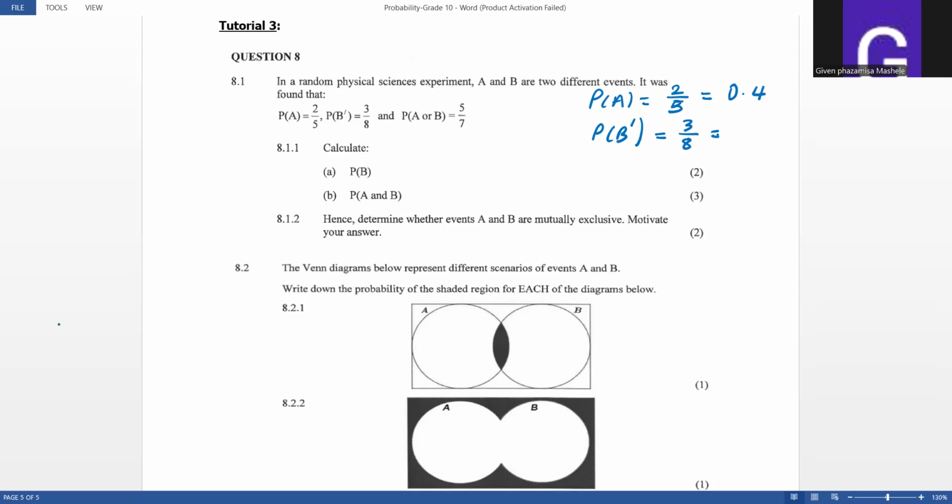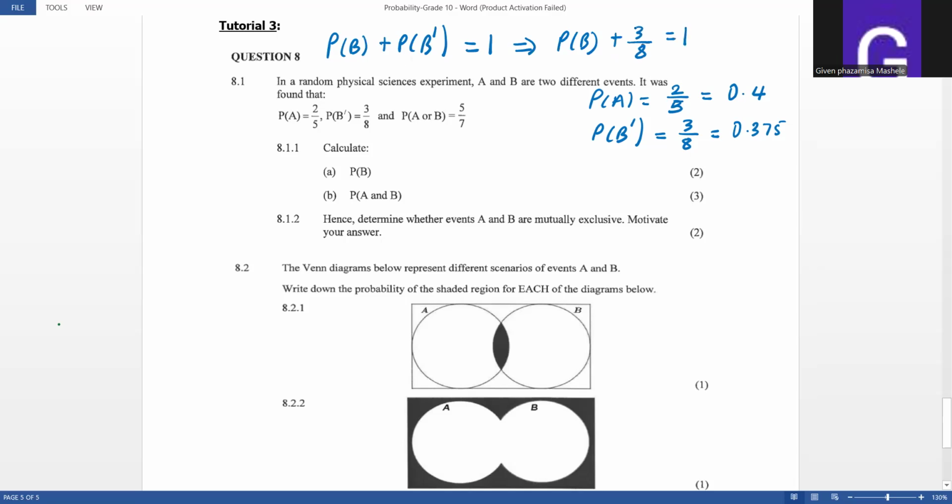Remember, this is not B, and they did not say anything about the complement. We know that if you take the probability of B plus the probability of not B, this should add up to 1. But we are already given the probability of not B, which is 3 over 8.